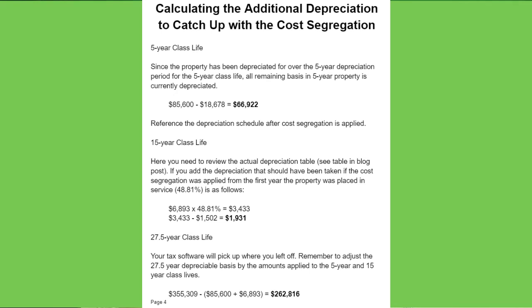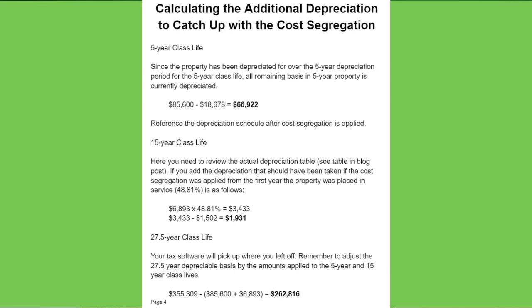That is the amount of depreciation you would have gotten had you been depreciating with a cost segregation all the while. But what happens, though, is you only took $1,502, remember our allocation from that original 27.5-year property. That $1,502 gets subtracted from the $3,433, and that gives us another $1,931. That is actually going to be your current depreciation.